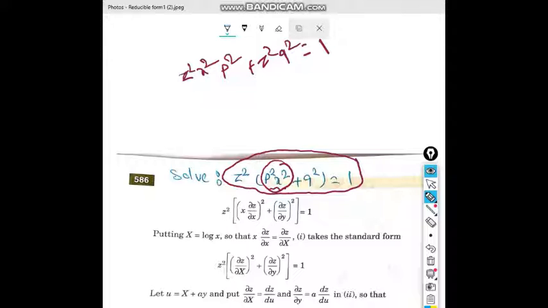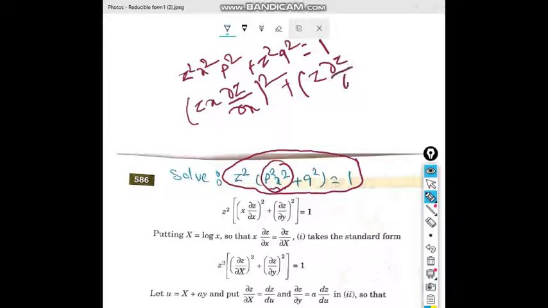Now this term I can write like this: z x dou z by dou x, bracket square, plus z dou z by dou y, bracket square, is equal to 1. Now, what should be the substitution which gives us capital P and capital Q form?